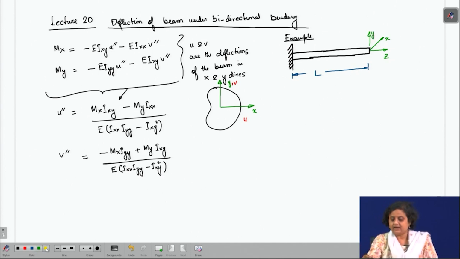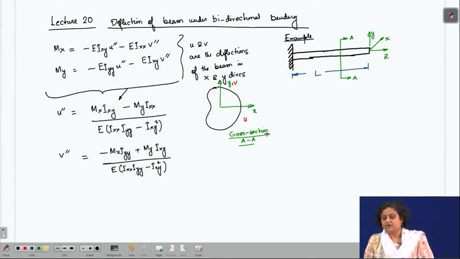If we take any arbitrary cross section of the beam, let us take an arbitrary cross section AA. Let us say that z is equal to 0 here and z is equal to L here.